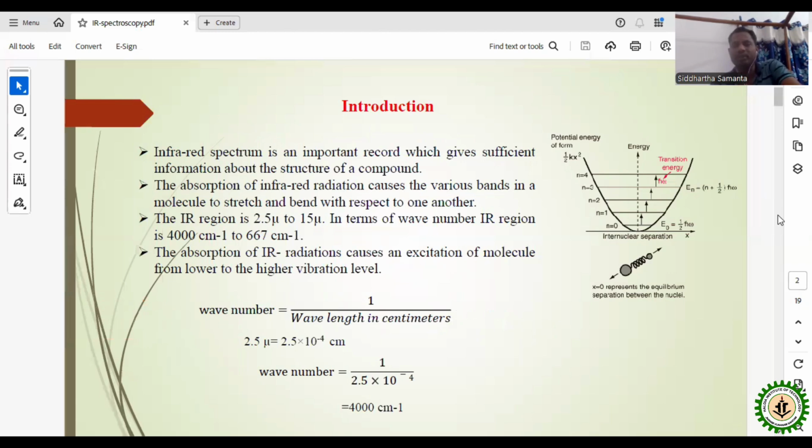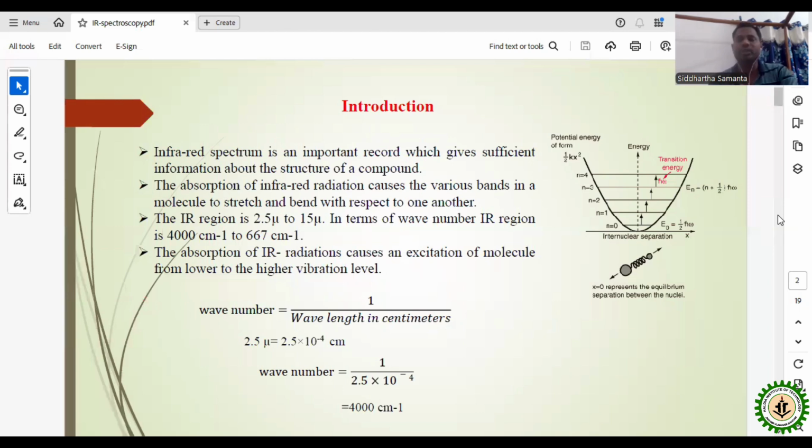But in the case of IR spectroscopy, infrared spectroscopy, bond vibration takes place, that is, molecules absorb some energy in the IR region, the infrared region.